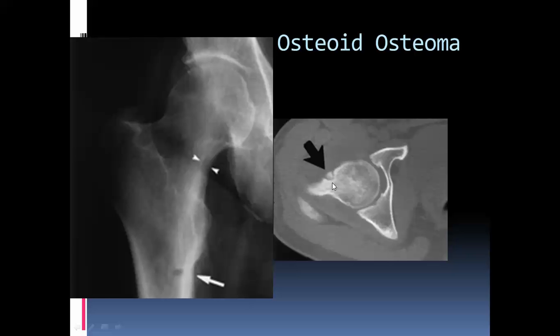Osteoid osteoma can be seen, and intense periosteal reaction here and there can be identified. This is the calcific nidus surrounded with the soft tissue osteoid, and then the bone reaction.